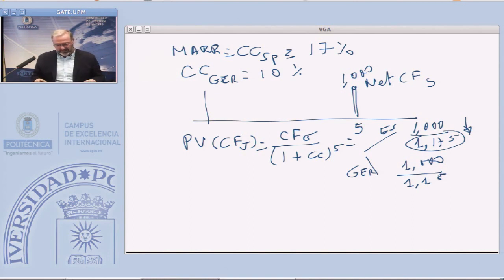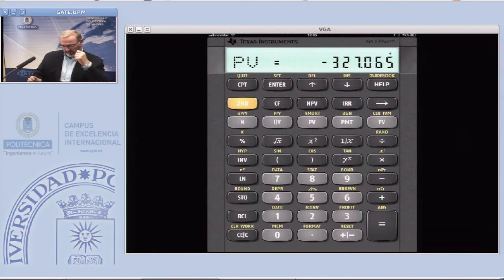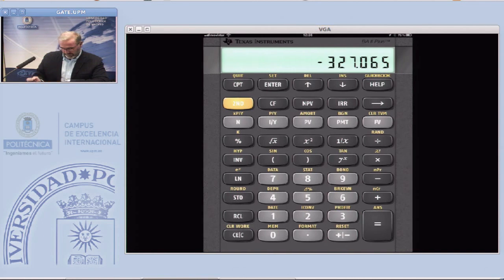So this is a very important question, because if you are buying this net cash flow in Spain, you are less interested in buying those cash flows, because of the present value. We can calculate it with the financial calculator, let me use it. So this is the financial calculator, you see there. I'm going to clear the TVM sheet.